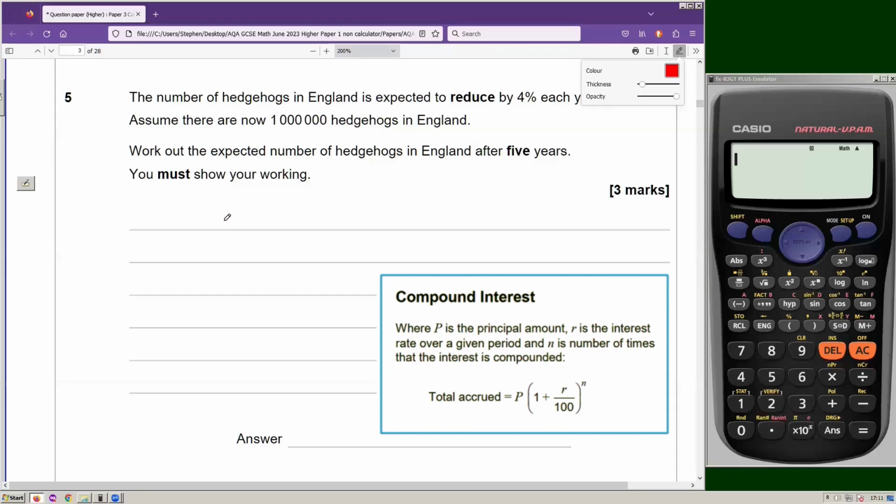So we'll put down the original amount, which is 1 million, times by 1, because we want to keep that original principal. And this time it's going to go down by 4 over 100 for our percentage, and it's going to be for 5 years. That will give us our value of how many hedgehogs are left.